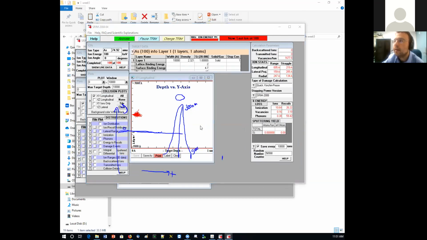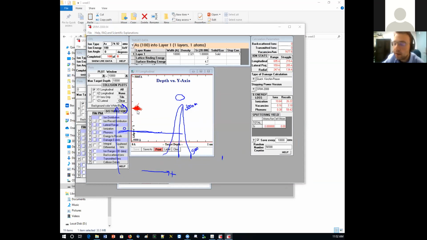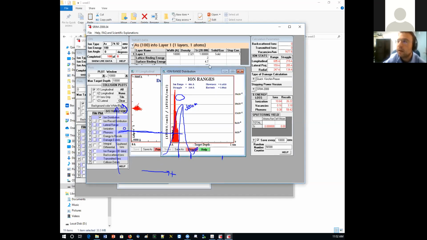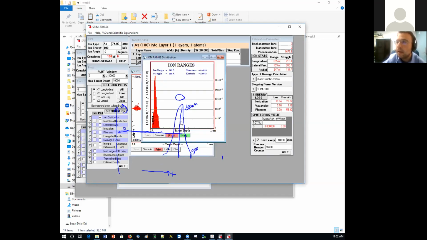It's very tiny, right? We know the reason: because it is a heavier ion, it will be stopped a lot earlier because it's going through nuclear stopping rather than electronic stopping. It's not interacting with the electron cloud, but with the crystal itself. If we look at the ion distribution, now remember this was the other graph, so let's bring it.